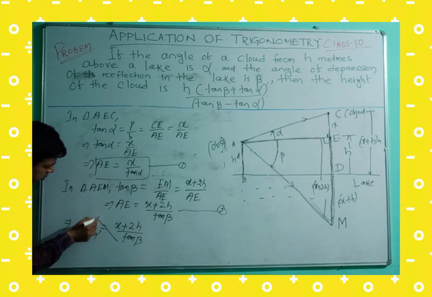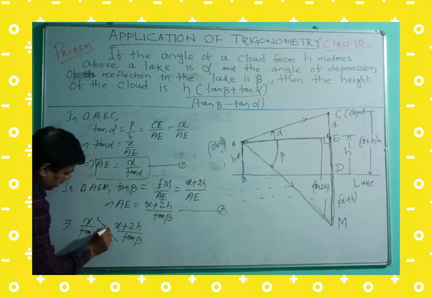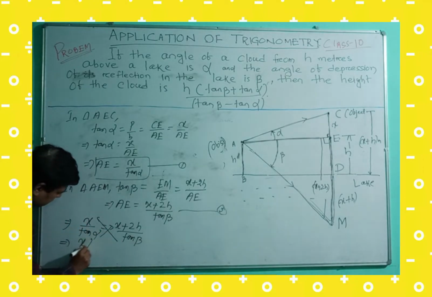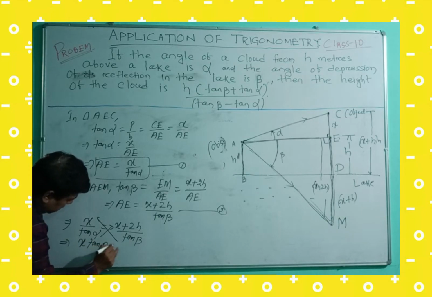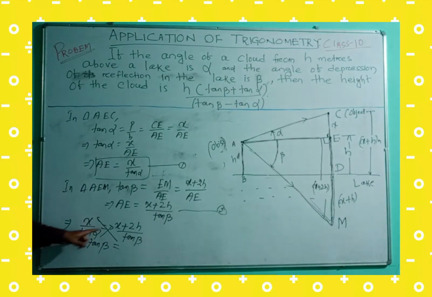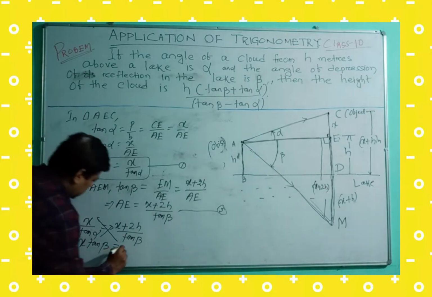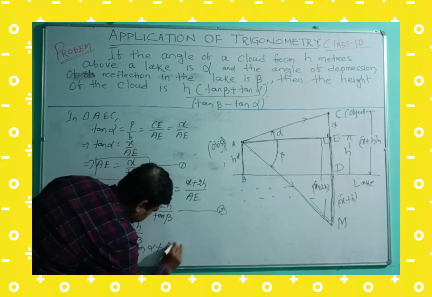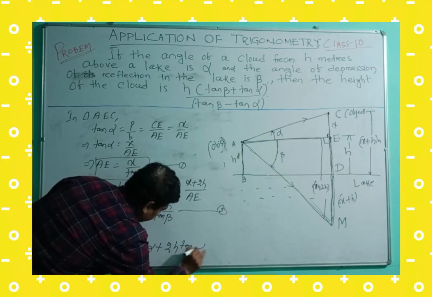Tan beta goes to the left side, it will be X tan beta, and is equal to, here tan alpha is multiplied with X, it will be X tan alpha plus 2H tan alpha.